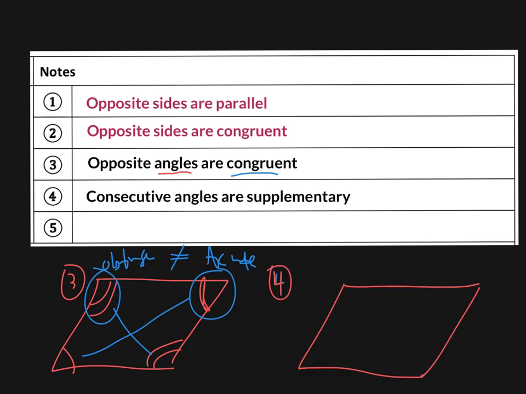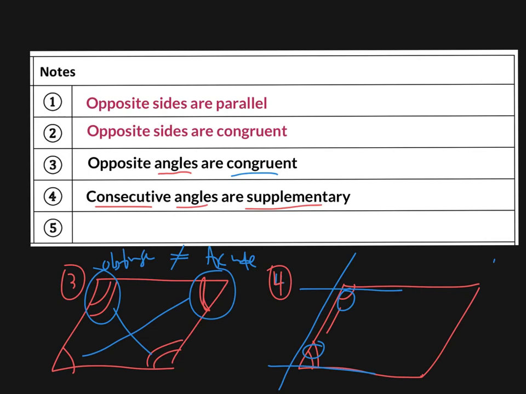Next we have consecutive angles. Consecutive, one right after another, are supplementary. So this pair of angles right here, they're consecutive, one right after another. Now this is nothing new under the sun. Again, these lines are parallel, this is a transversal, and these are consecutive interior angles. They've always been supplementary.